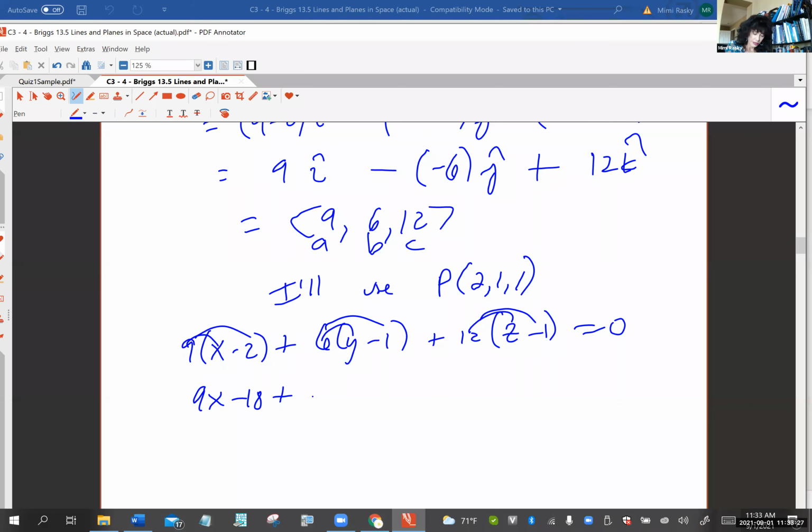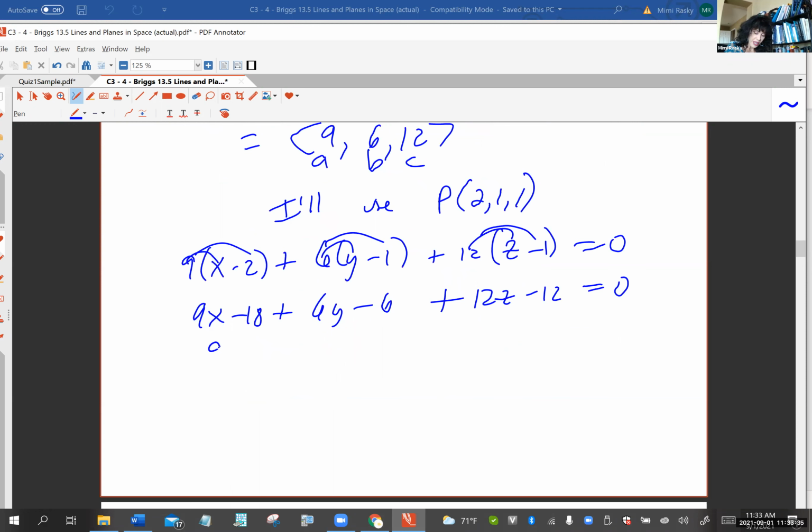Distribute the 6: 6y minus 6. Plus distribute the 12: 12z minus 12. Clean this up a little bit. I want to put all the terms with x, y, z on the left. If I add -18, -6, and -12, I get -36, so I'll add 36 to both sides.